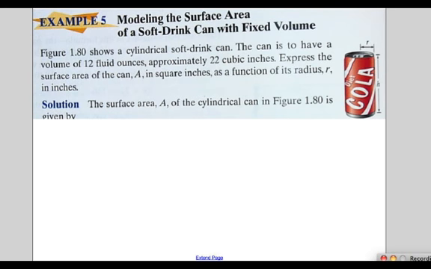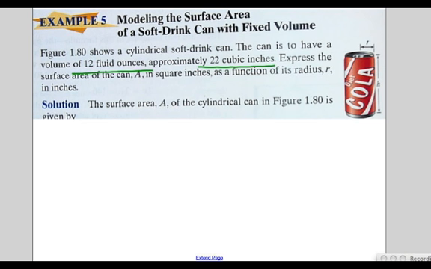Our fifth example here deals with a cylinder that has a volume of 12 fluid ounces, which is 22 cubic inches.